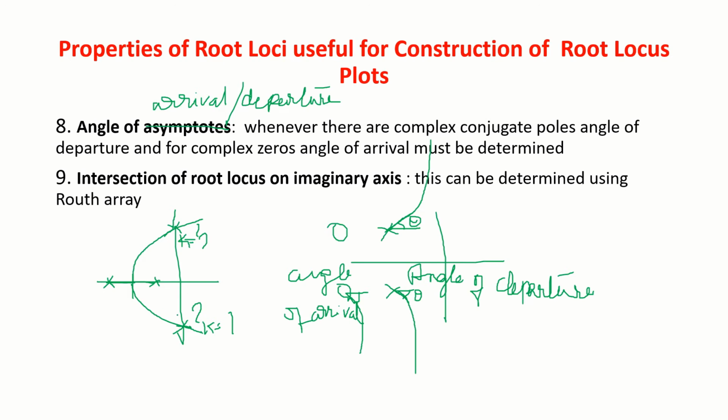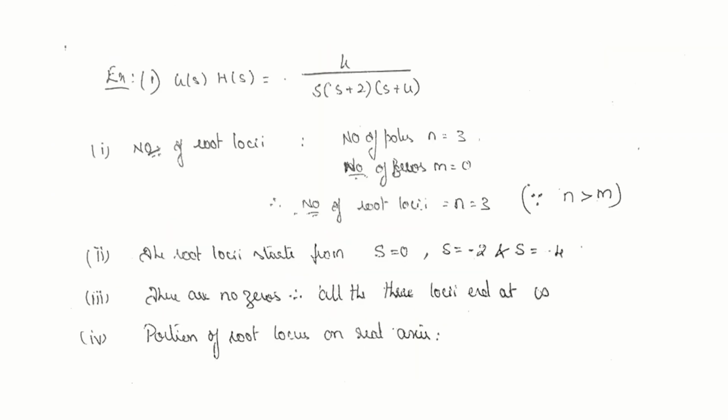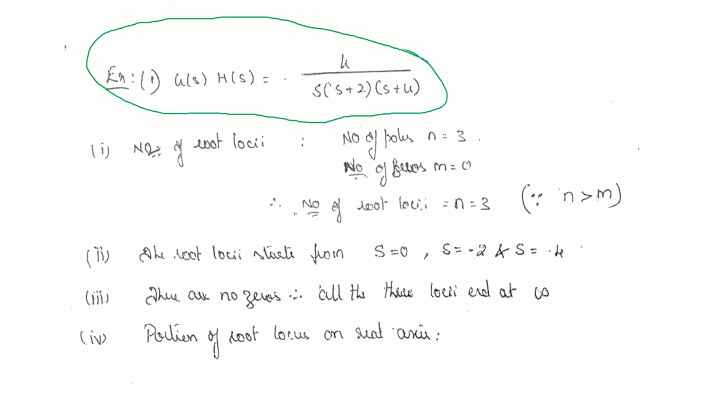Let us draw a root locus plot for a given open loop transfer function. The problem here is g of s h of s is equal to k divided by s into (s plus 2) into (s plus 4). Now, the first question is the number of root loci.